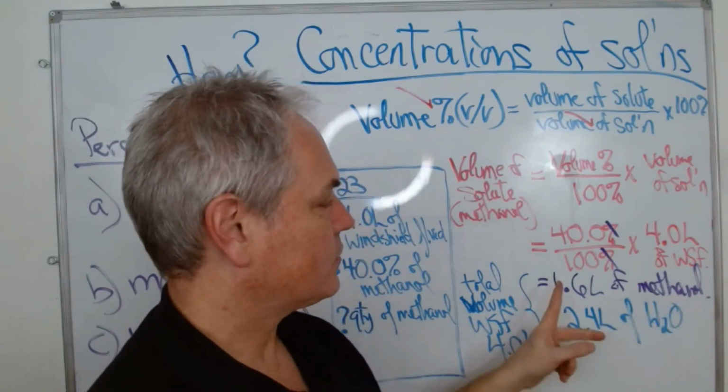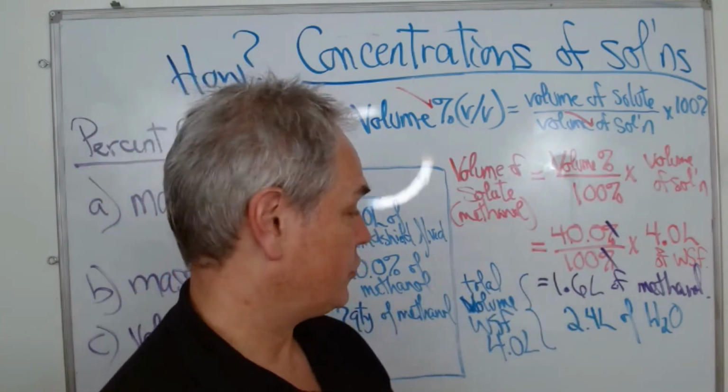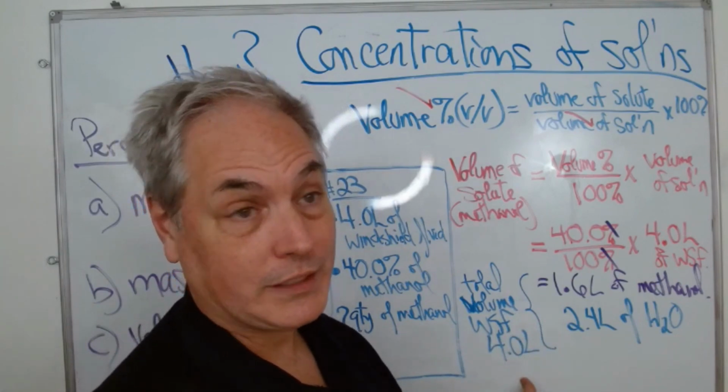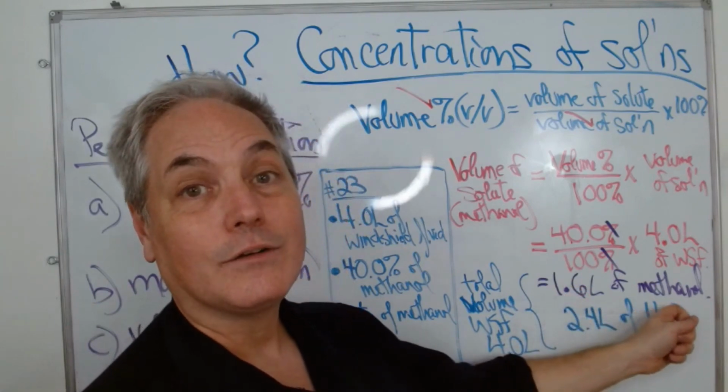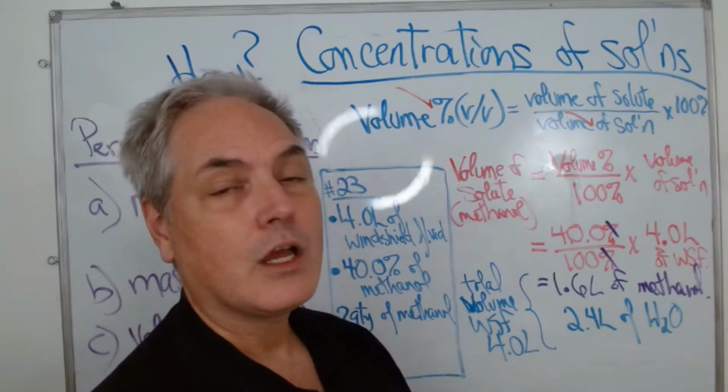And it's important because when you add the two together, then you get the overall volume of the solution. So to create 4 liters of windshield fluid, you need 1.6 liters of methanol and you need 2.4 liters of water.